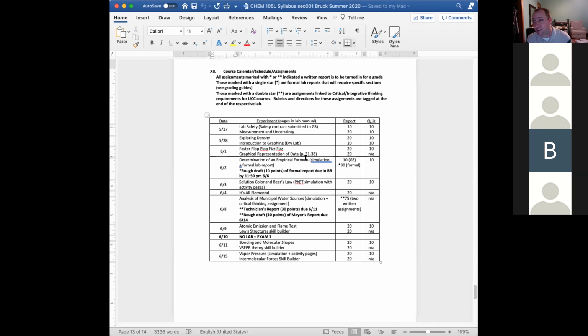Now, in addition to that, you'll also see that there's a Gradescope submission in addition to the rough draft. That's there for me to see your data and your calculations ahead of time, and to give you feedback on, hey, you did this part incorrectly. That's going to affect your calculations. Why don't you look at this?